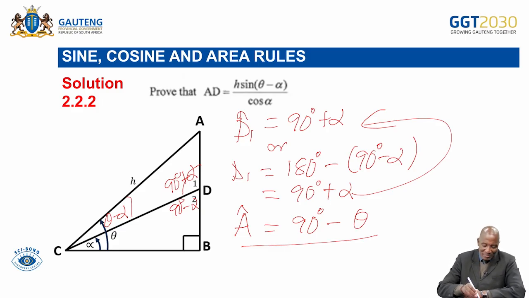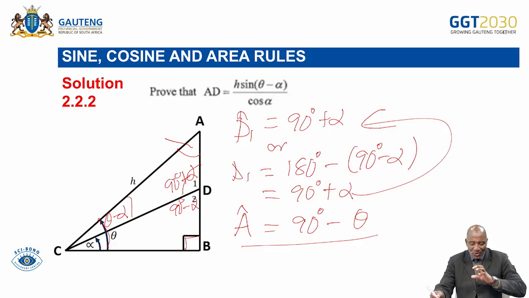Alternatively, use the whole of the big triangle. It's 90 degrees here, is theta there. Therefore, this one should surely be 90 degrees minus theta. So we have found all the interior angles.